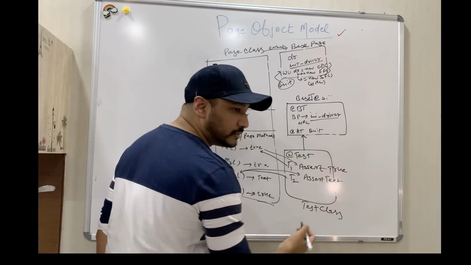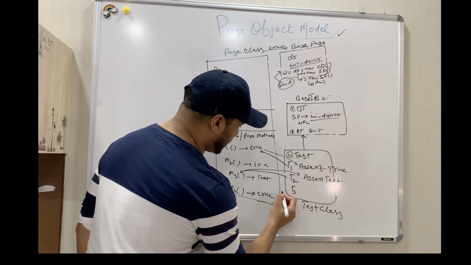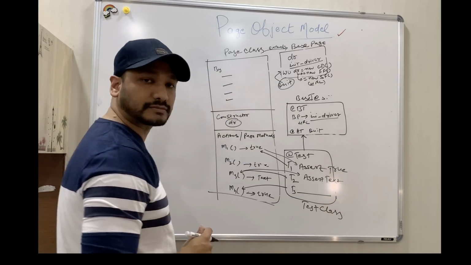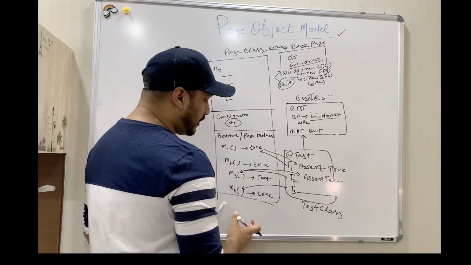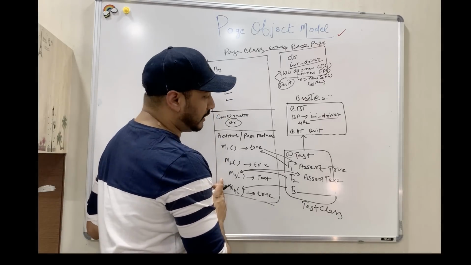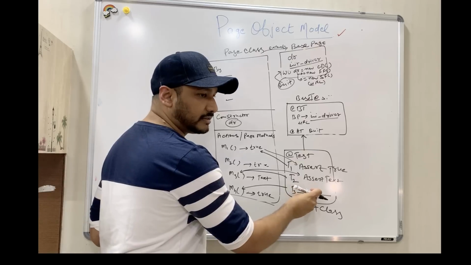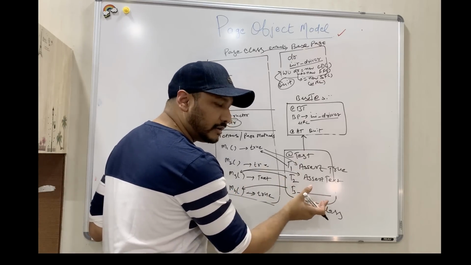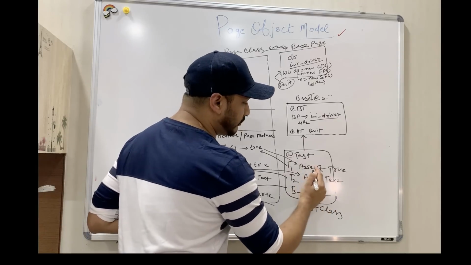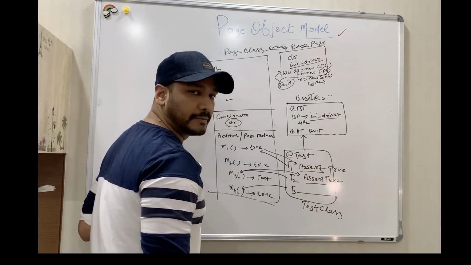I'm using assert equals over here. Likewise for test case number T3, I'm calling M4. Again, I'm doing one assertion over here. Now it is clear. So these methods will be called at runtime from your TestNG classes, and whatever these guys are returning, you have to validate over here in the form of assertions. You can do that.